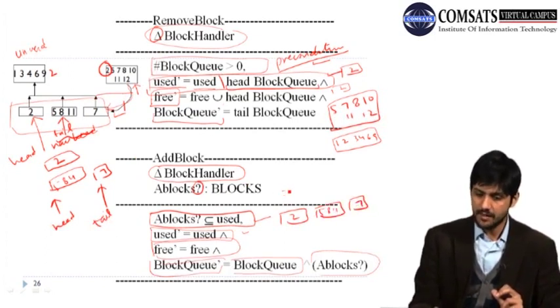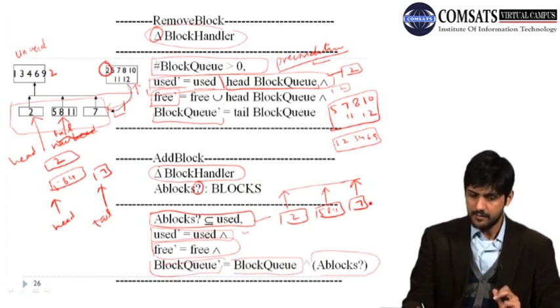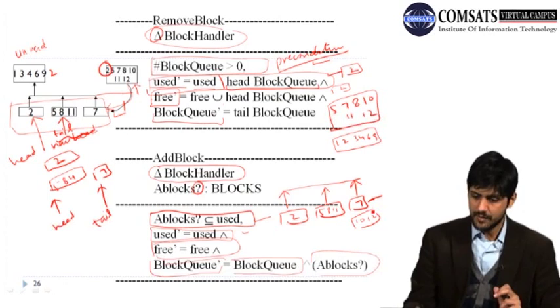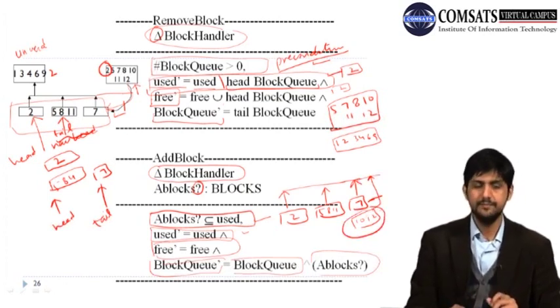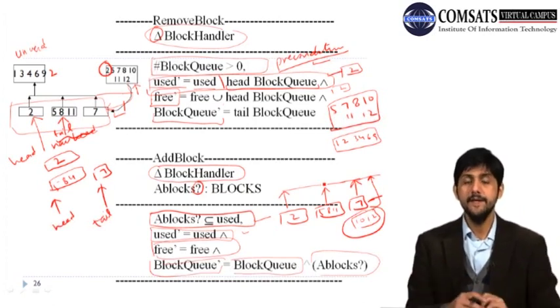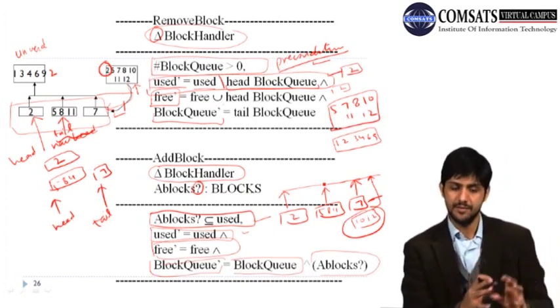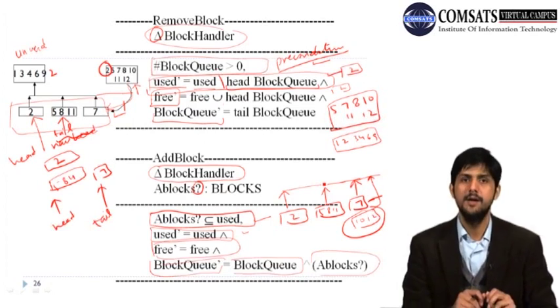Now if another file is deleted which was stored in blocks, let's say another file had these two sets of blocks, 10 and 12, then this is now added to my queue. So another file is deleted and these blocks are added to the queue. This is what is happening here.